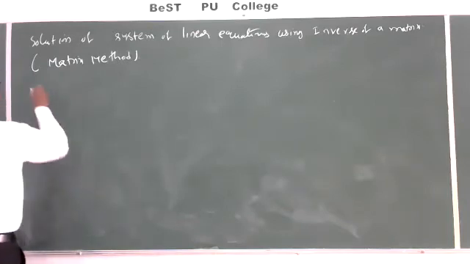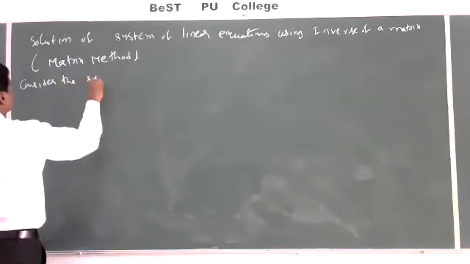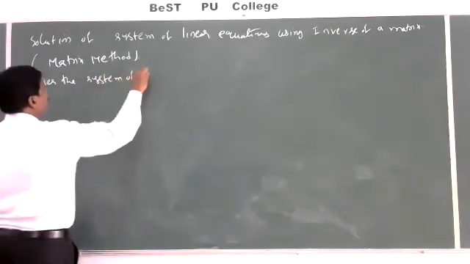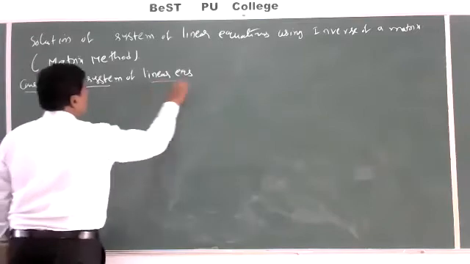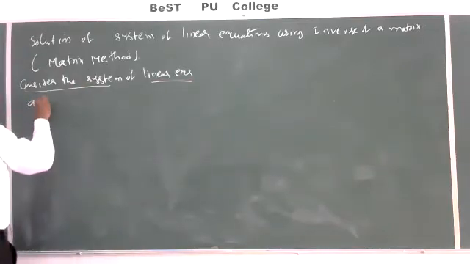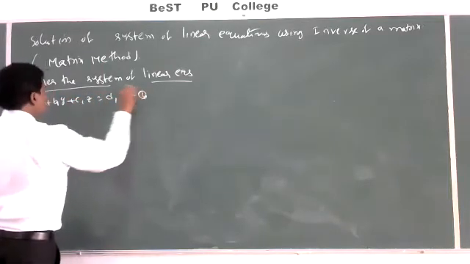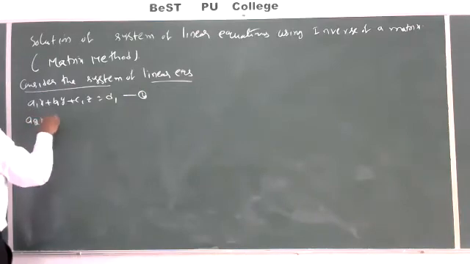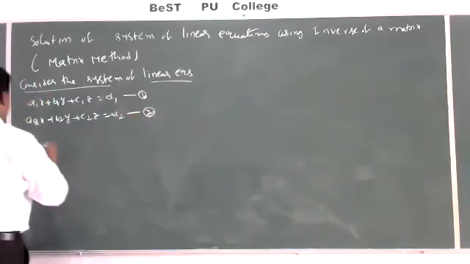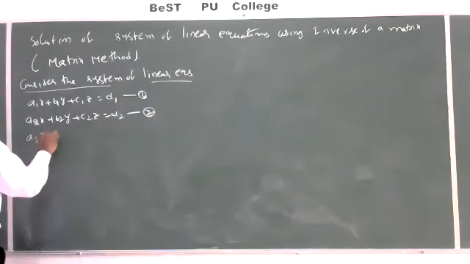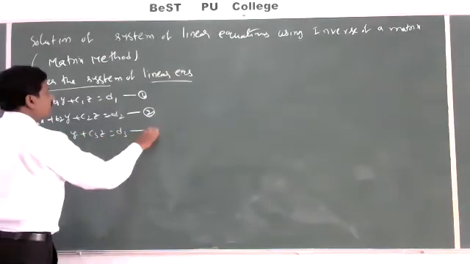Consider the system of linear equations: a1x plus b1y plus c1z equal to d1, equation 1; a2x plus b2y plus c2z equal to d2, equation 2; a3x plus b3y plus c3z equal to d3, equation 3.